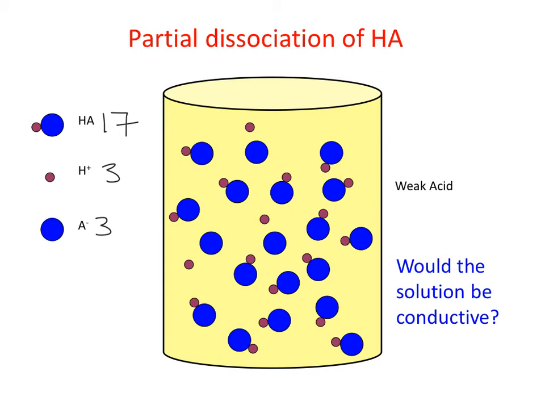So while our strong acid was highly conductive, a strong electrolyte because it had lots of ions, this is not so conductive. It will have a little bit of conductivity, greater than just water, but not very much.